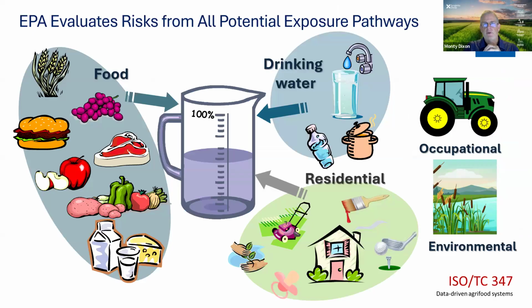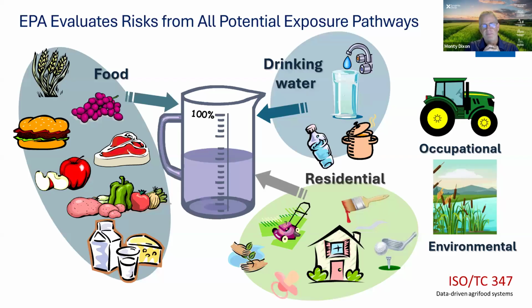The EPA determination of these products really can be, I think, summarized in the concept of risk assessment. So when evaluating one of these potential products, the agency looks at all potential routes of exposure: through dietary, through drinking water, residential, but also occupational, mixers, loaders, applicators, or reentry workers.